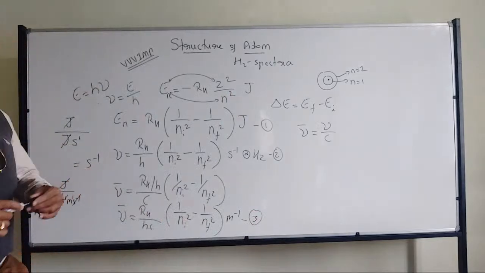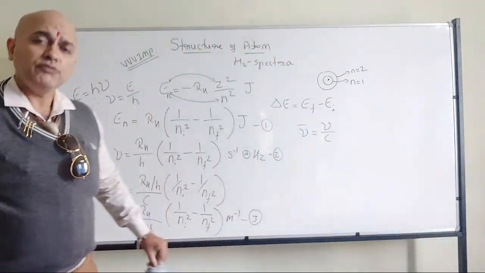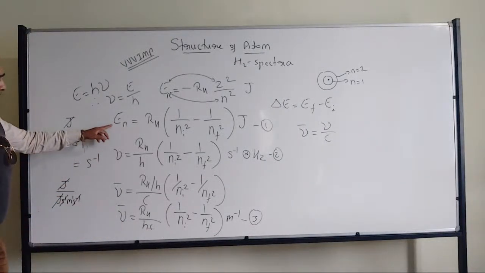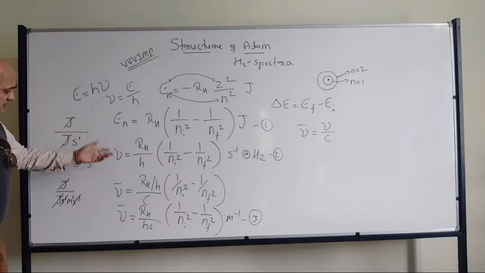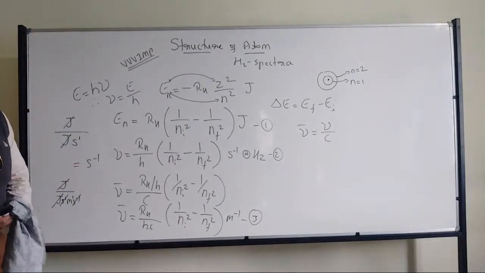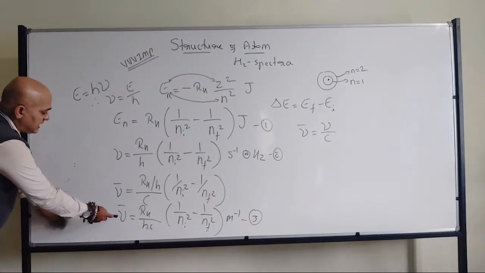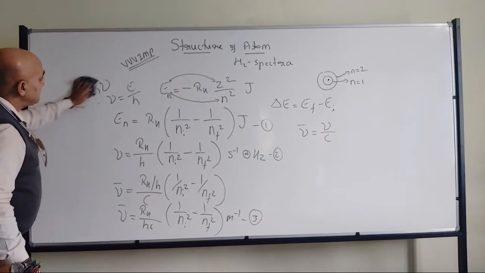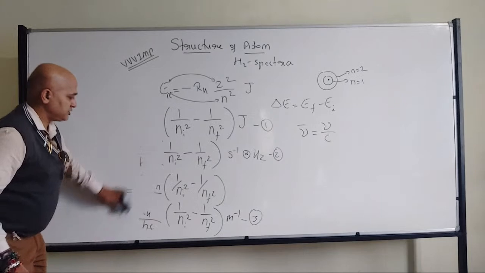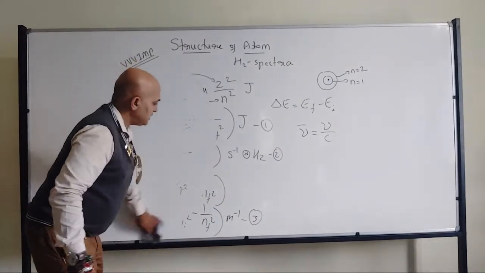Among these three, any one you can write, not even all the three. Any one you can write, but the only thing is you should mention whether it is in terms of energy, or in terms of frequency, or in terms of wave number. Any of these three, but you should mention what is nu, or what is nu bar, with proper unit.